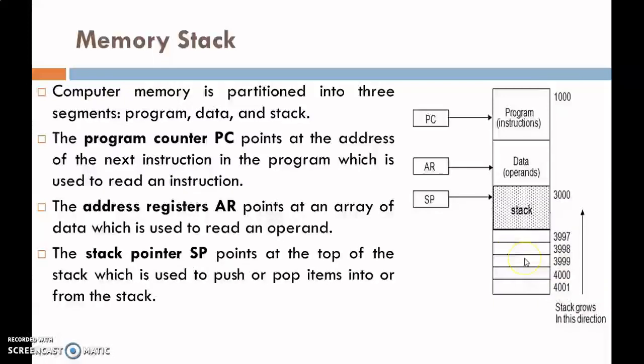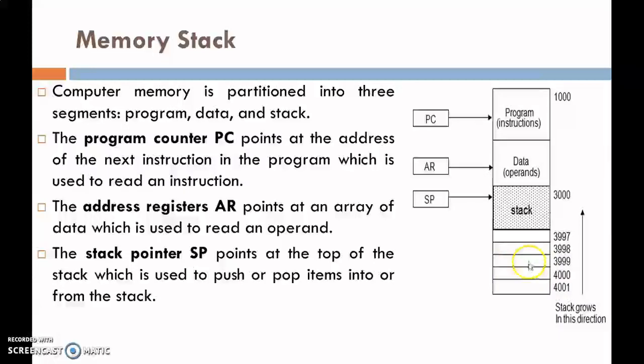Again, whenever I want to insert an item, first of all I have to decrement the stack pointer, and after that the data is stored at that location. In reverse, suppose I want to delete an item, and my stack pointer is at address 3999 and I want to perform the pop operation.